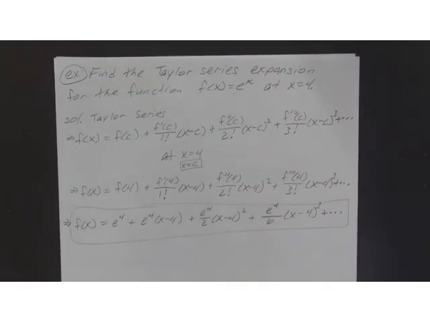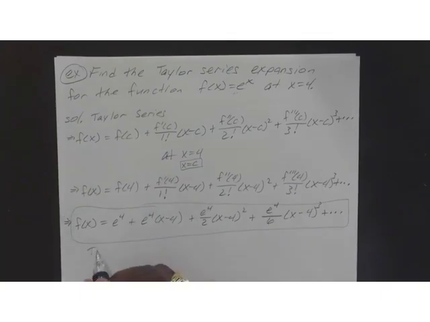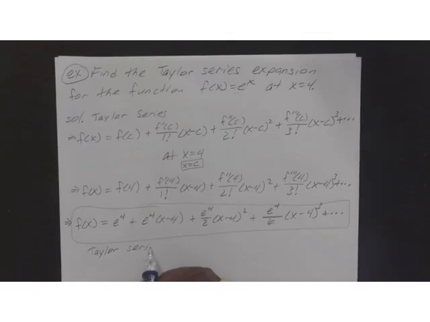And they usually tell you if they want the first 4, 5, 3 terms. And this is your Taylor series expansion for f of x equals e to the power of x at x is equal to 4.